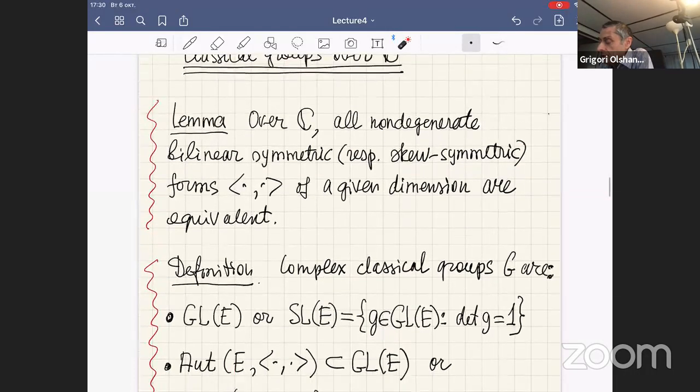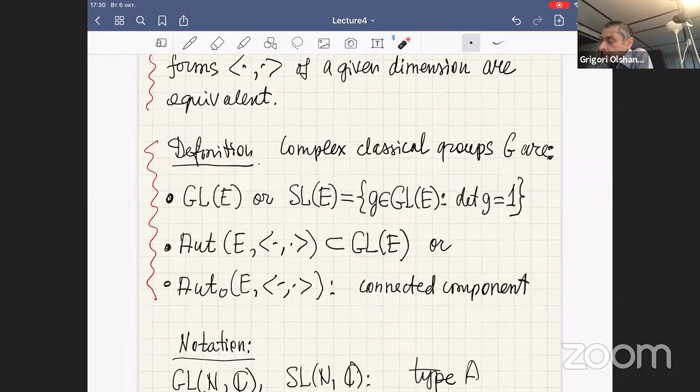Now the definition is as follows. What I mean by a complex classical group. This is either the general linear group, so we take some complex vector space E of finite dimension, and GL is the group of all invertible operators on this space.